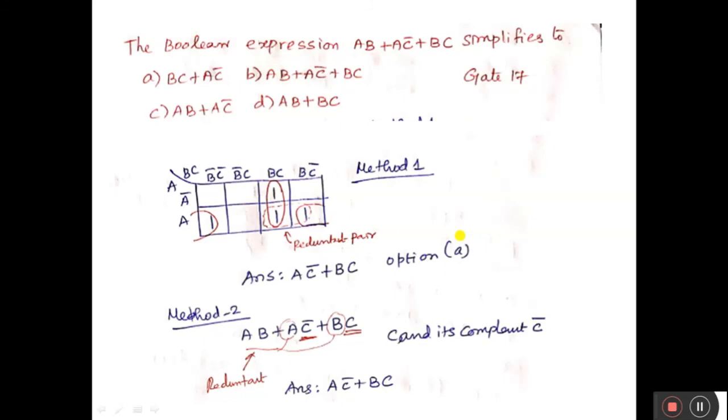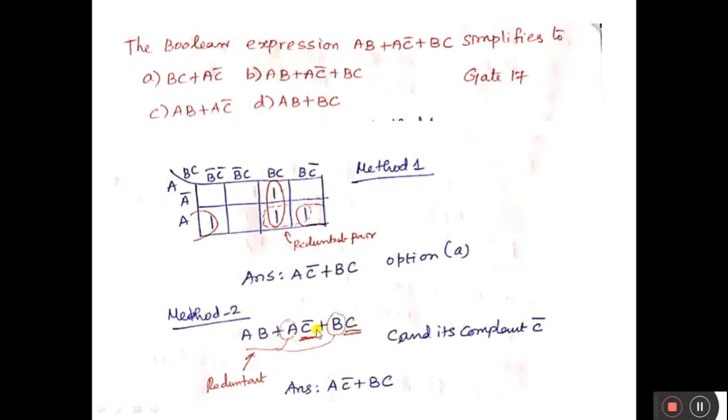This is method 1. Method 2, see here, the question is AB plus AC bar plus BC. Here C is there, its complement is here, C and C bar, and also this AB appears here also. Correct?